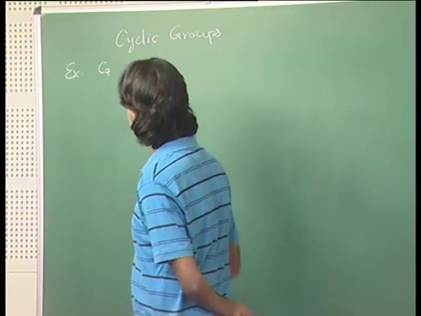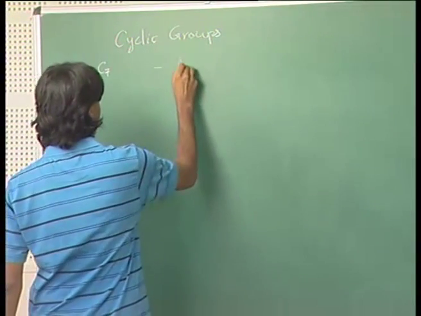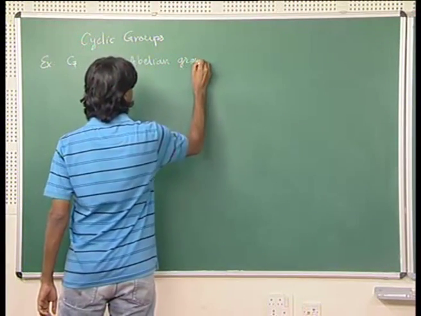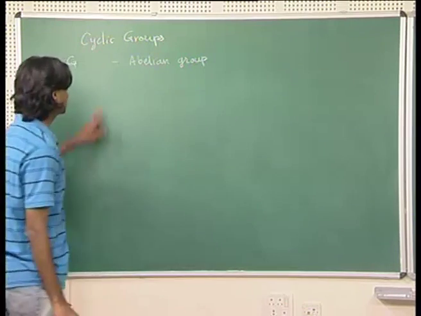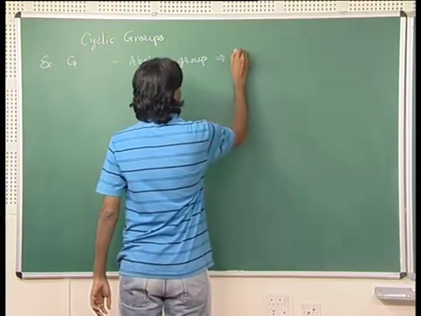Let's take the example of C7. A cyclic group is an abelian group. Every cyclic group is abelian, which implies elements commute.